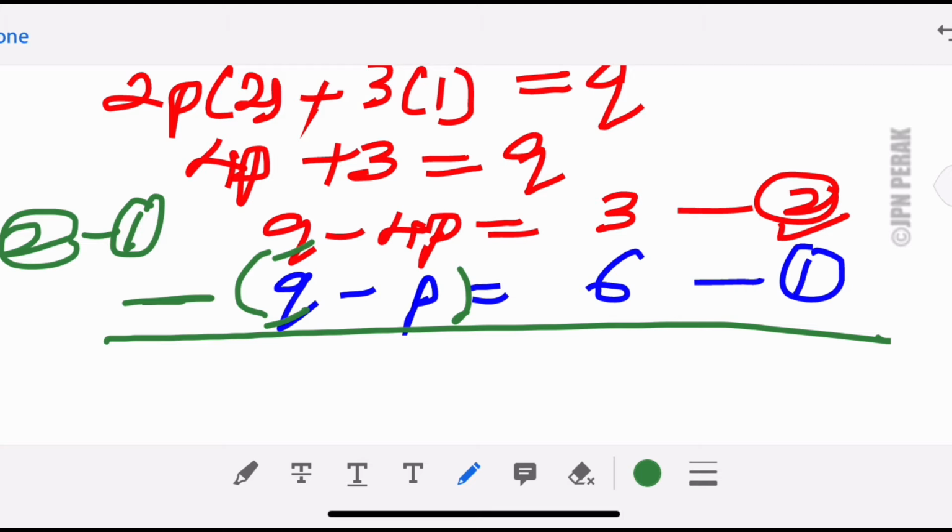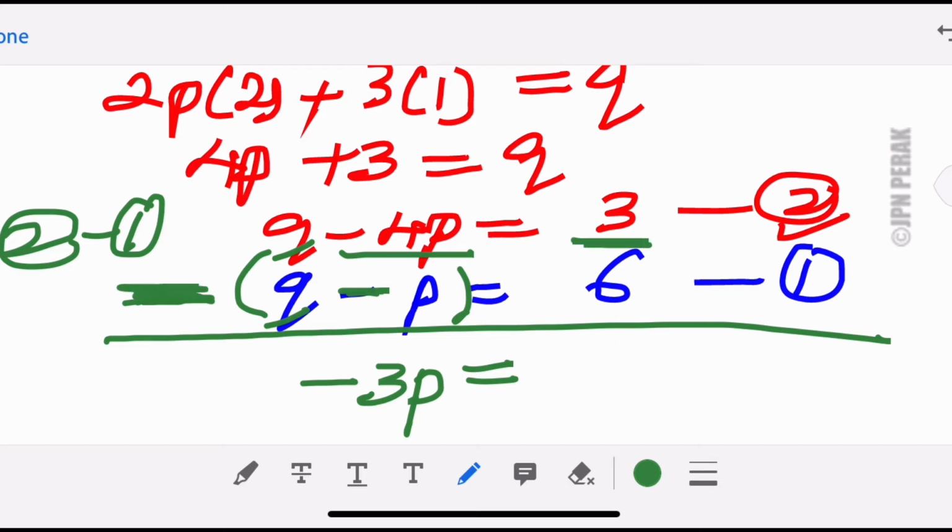We cancel out, eliminated. Negative 4p minus, so it becomes plus. So negative 4p plus p, so it's negative 3p. And 3 is going to minus with the 6, so it's negative 3. So hence p is equal to 1.